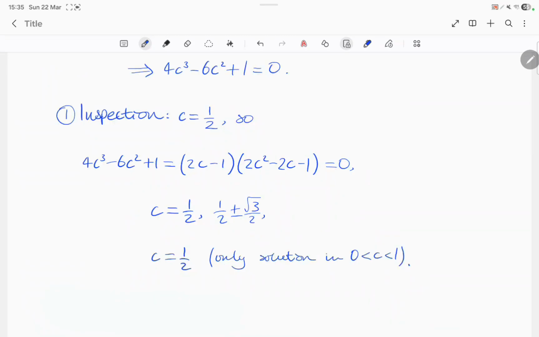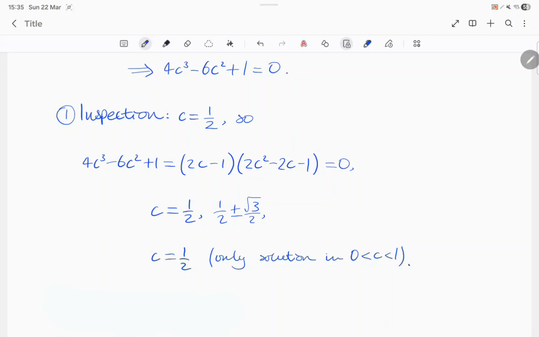In the first case, we have inspected that c is equal to 1/2, and therefore we can use the factor theorem to say that a factor of 4c cubed minus 6c squared plus 1 is equal to 2c minus 1, and we can then divide to find that the other factor is 2c squared, take 2c, take 1, and this is still equal to 0.